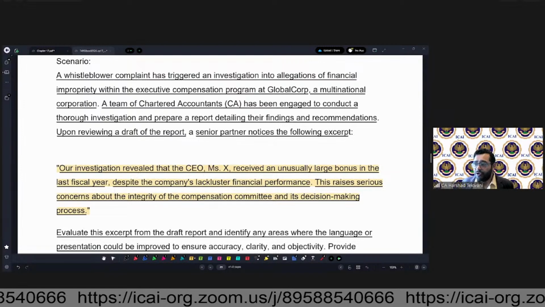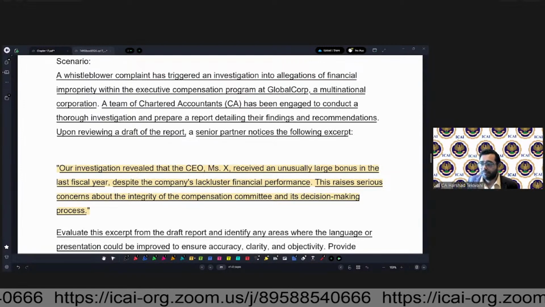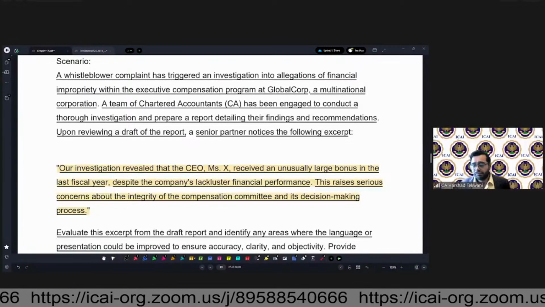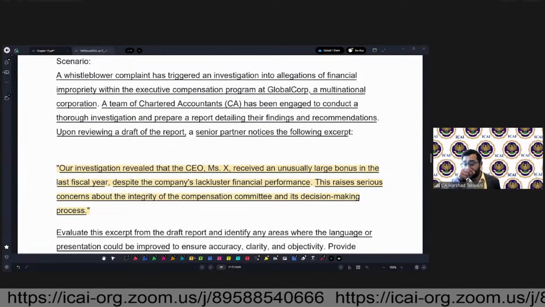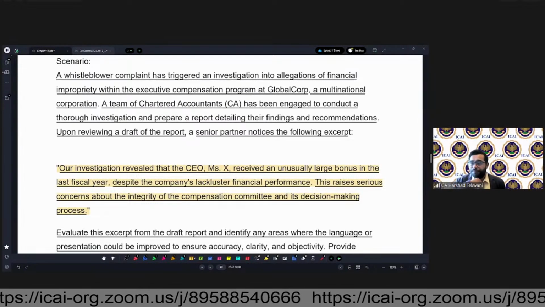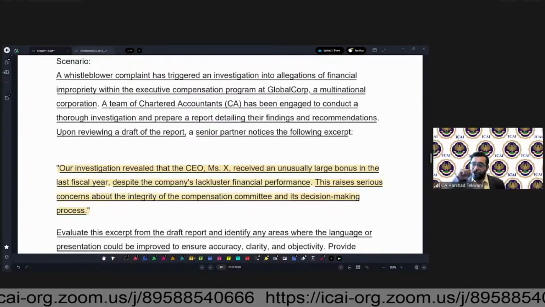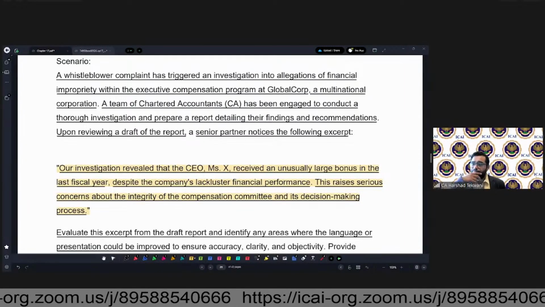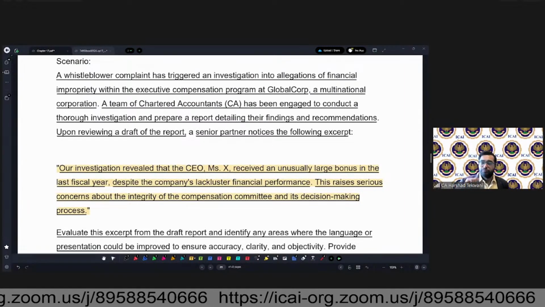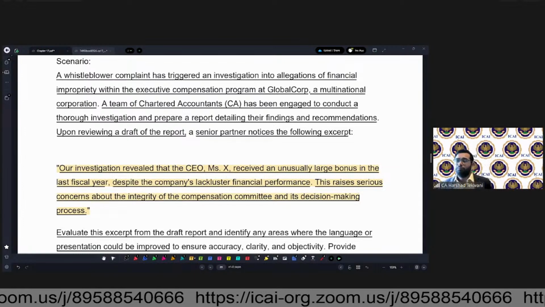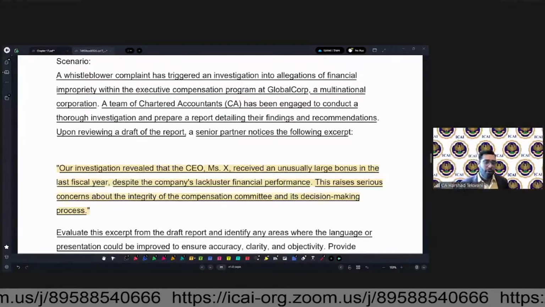Abrakesh, quantification of what? Quantification of what? Okay, understood. Very good. What else?